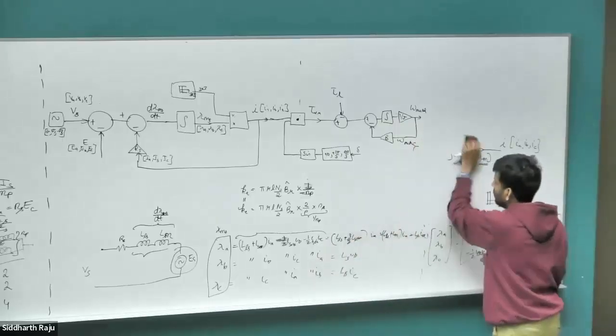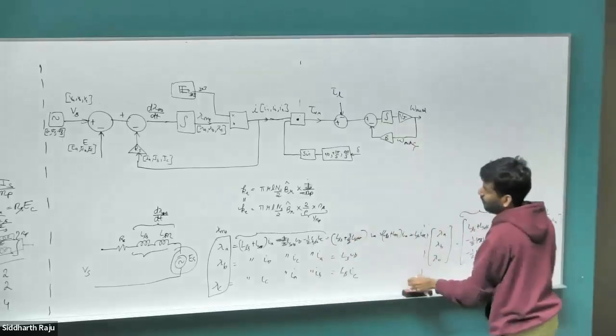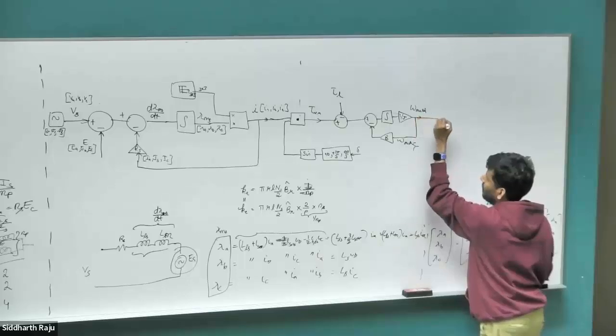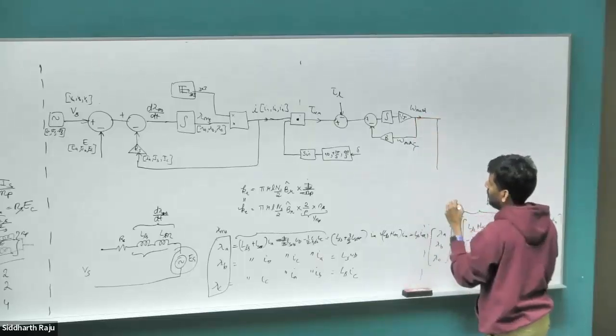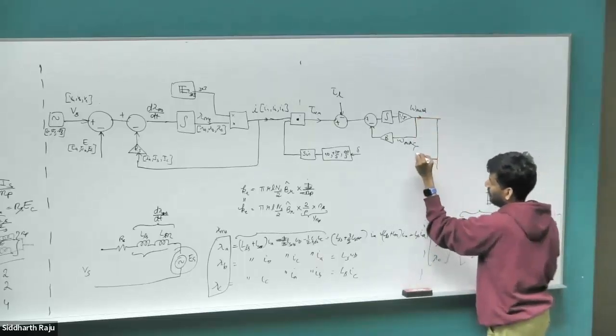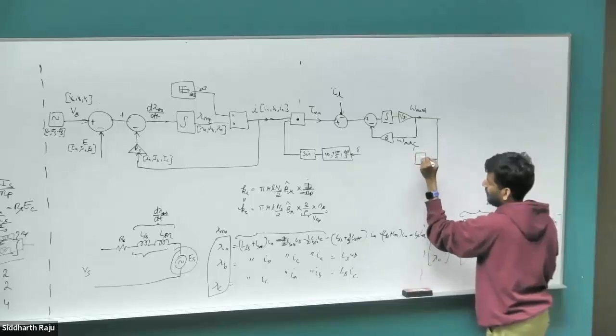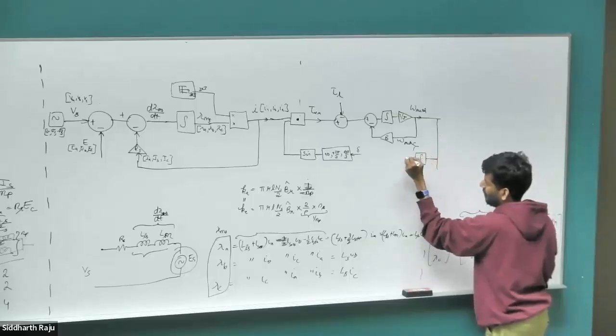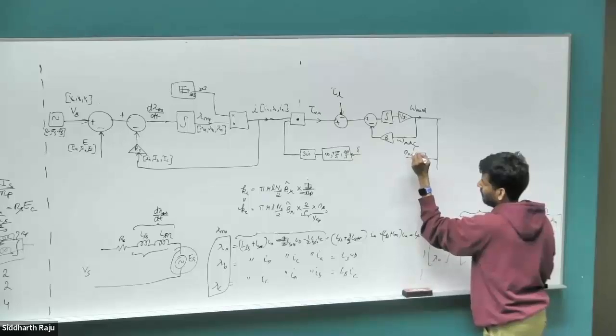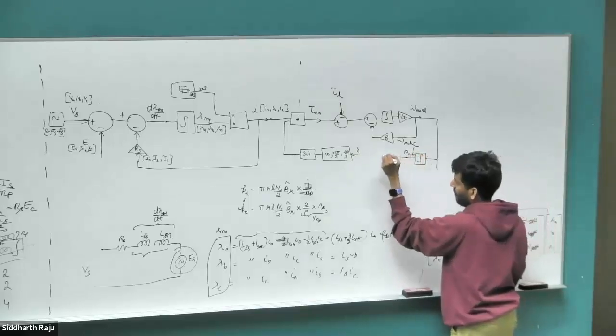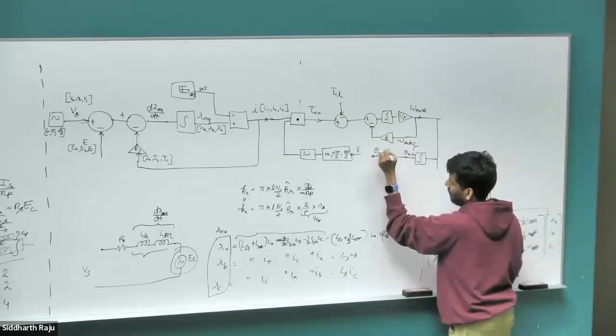So we delete this. Now once you have omega mech, you can take this angle, integrate this, and you will get theta mechanical. You multiply this by P by 2, you get the theta electrical.